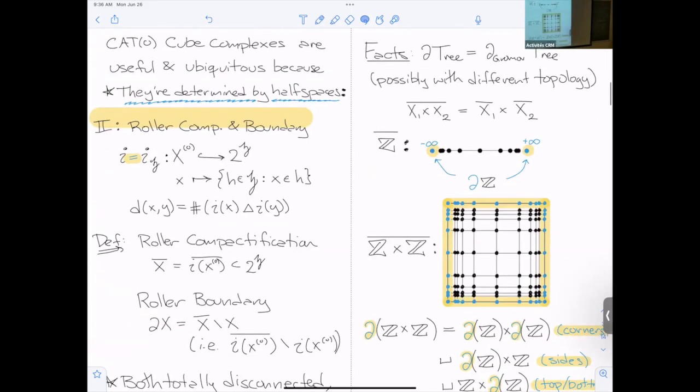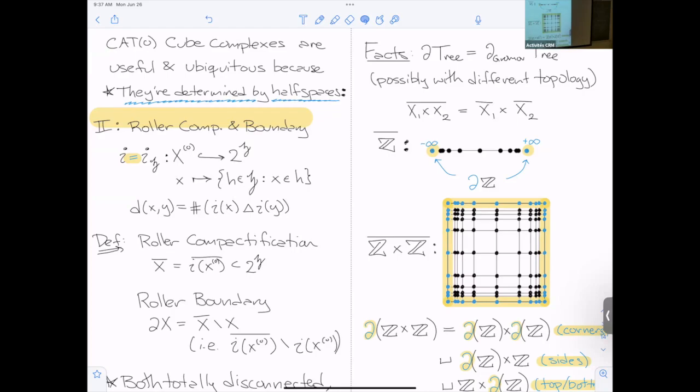Okay, so to summarize, CAT(0) cube complexes are incredibly useful and ubiquitous precisely because this construction is so flexible, okay? So I start with these types of partitions, and I get a canonical CAT(0) cube complex.